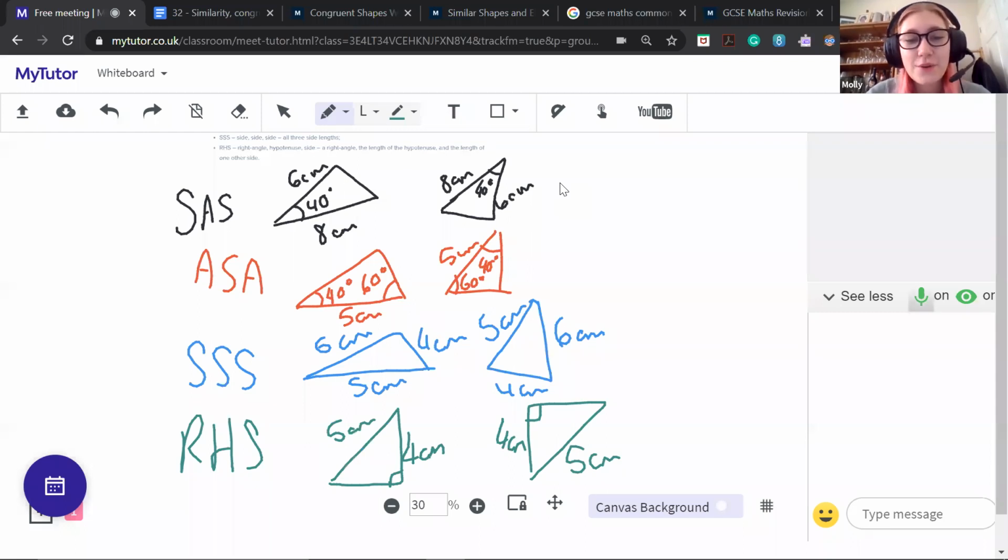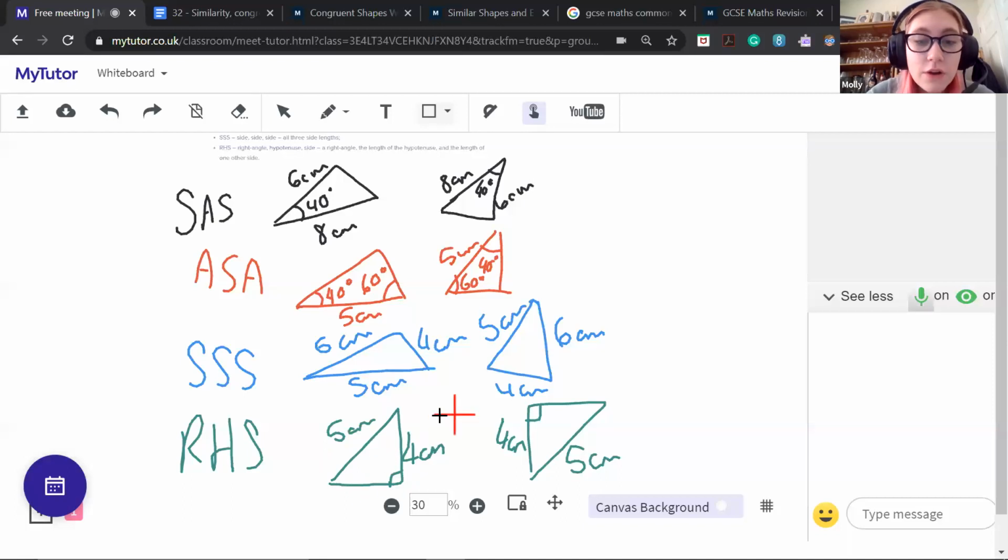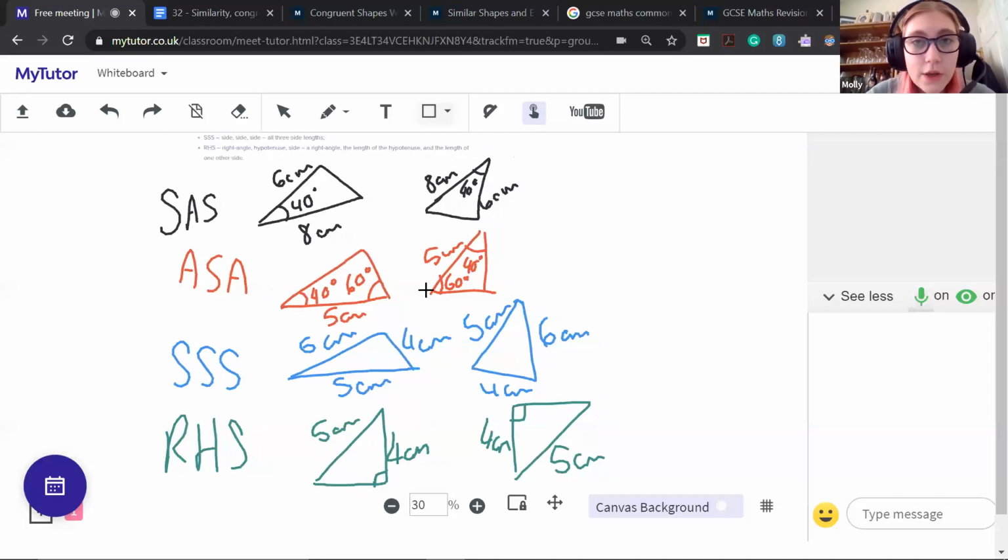Then these two are congruent as well. So even though it doesn't fall into side angle side, because the angle isn't between, because it's a right angled one, we know that these are congruent. So these are the only 4 ways that you can prove that something is congruent. So hopefully that makes sense.